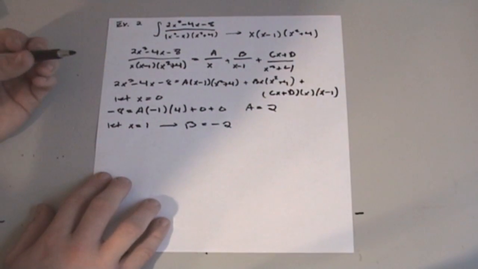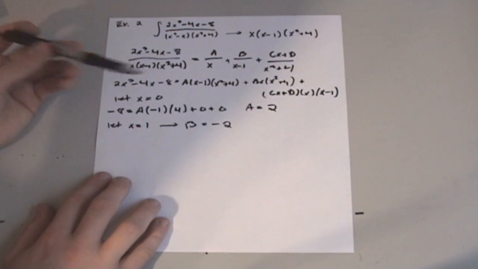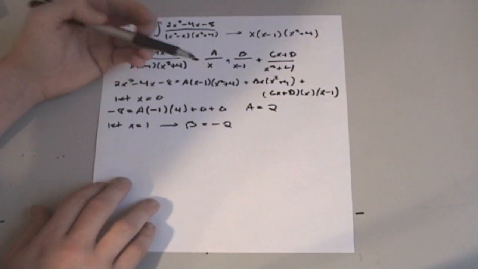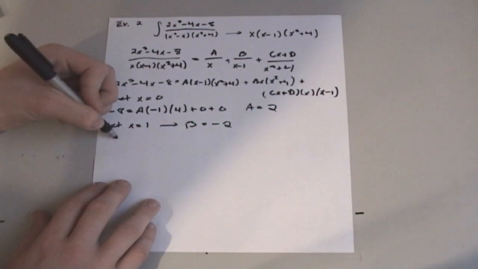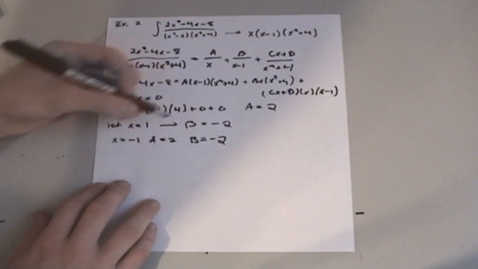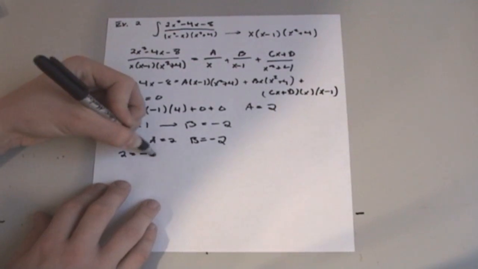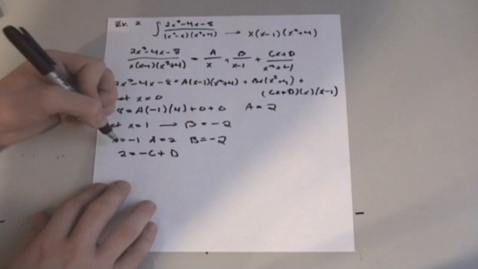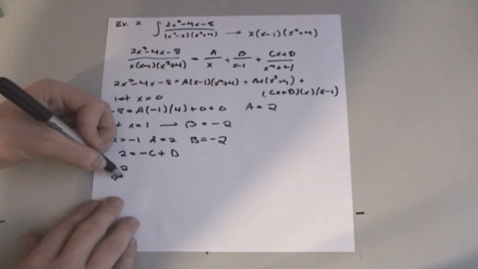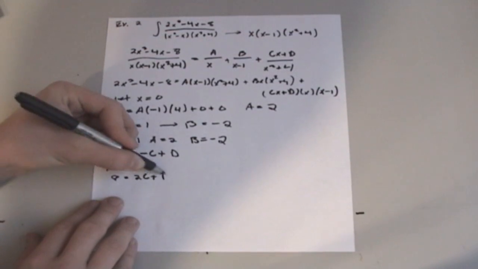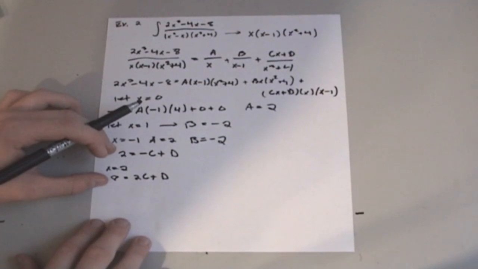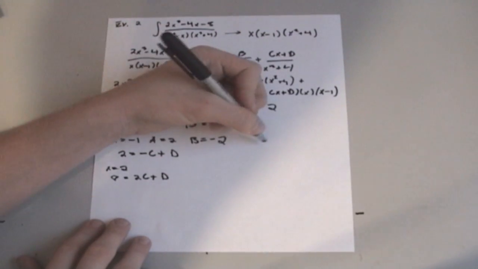To find the remaining constants, we're going to choose two other values of x. Since we know A equals 2 and B equals negative 2, when we plug all that in, we get the equation 2 equals negative C plus D. If we do the same thing, letting x equal 2, we wind up with 8 equaling 2C plus D. Now with these two equations, we can find C and D by subtracting the two equations.